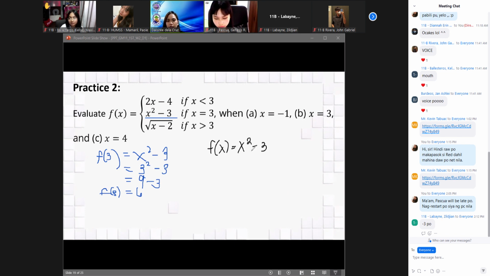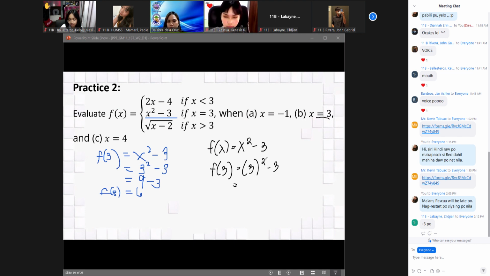And then we substitute the given value, which is 3. So f of 3 is equal to 3 squared minus 3. Don't forget to write yung close and open parentheses, okay? Para hindi kayo malilito. Kasi minsan may negative dyan and hindi nyo nalagyan ng parentheses, mamamali yung answer nyo. Then simplify.